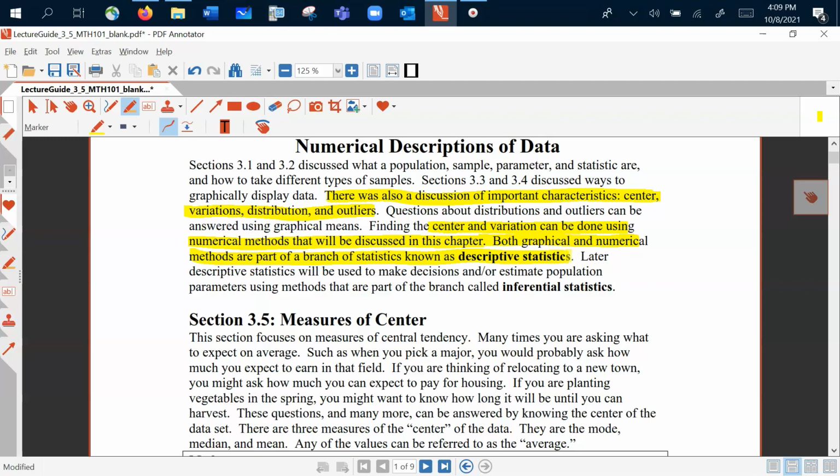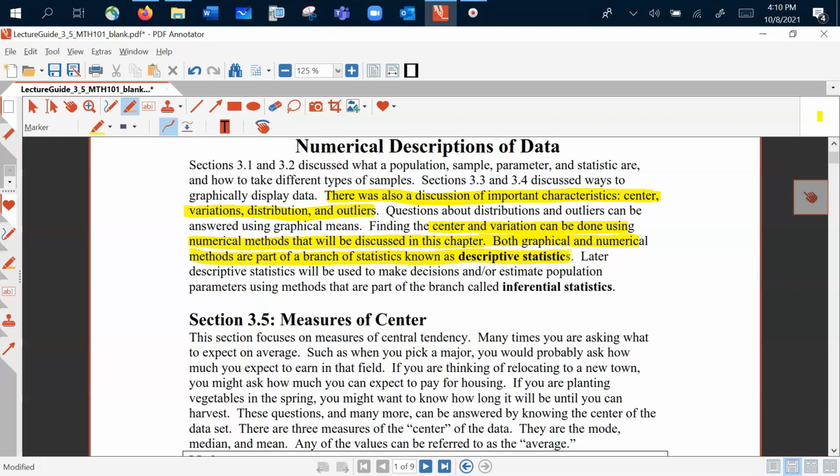That's descriptive statistics. Later on, we'll look at using what we find from a sample, which is what we do with descriptive statistics, and making a decision or a prediction or an estimate on population parameters, something that we don't have direct access to.